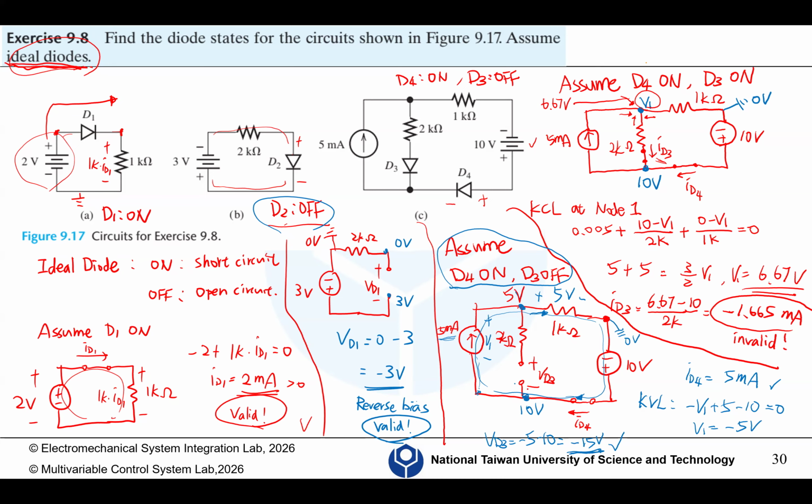So this is 5, should be 10. So VD3 is 5 minus 10, which is minus 5 volts. But it's still valid because it's reverse bias. Okay, this is valid.